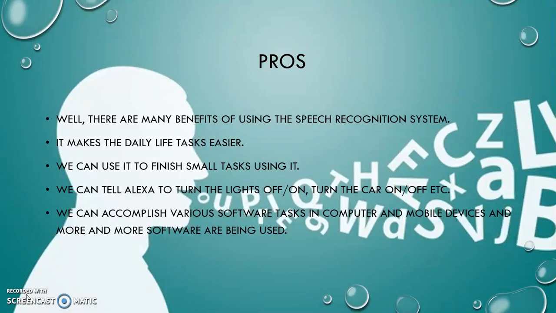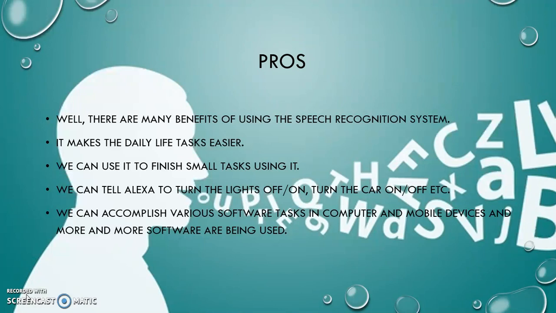Here are the pros of speech recognition technology. There are many benefits of using a speech recognition system, as it has the ability to make our daily tasks easier. We can use it to finish small tasks. We can tell Alexa or any other speech recognition application to turn the lights on or off, turn the car on or off, and other basic routine stuff.